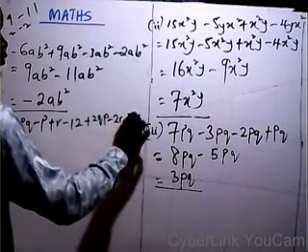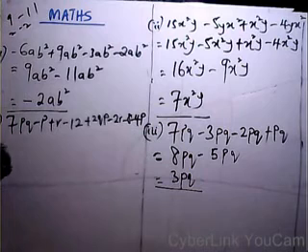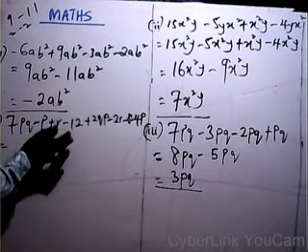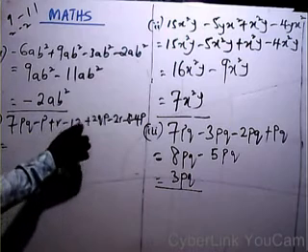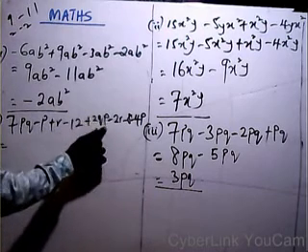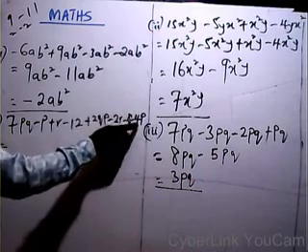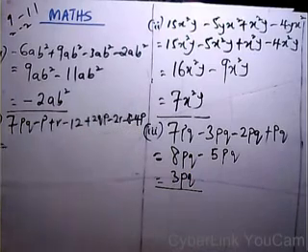Let's say the question again. 7pq minus p plus r minus 12 plus 2qp minus 2r minus 8 and minus 4p. So how do you simplify it?